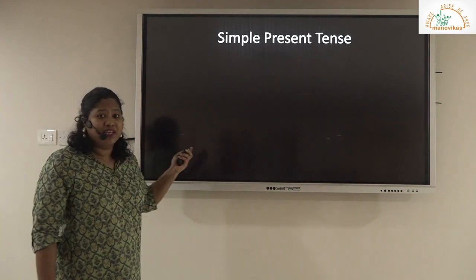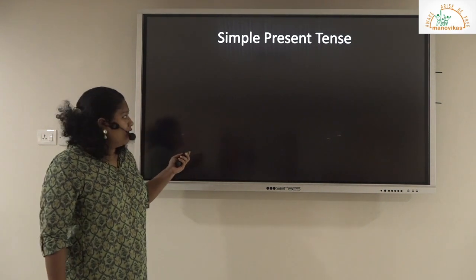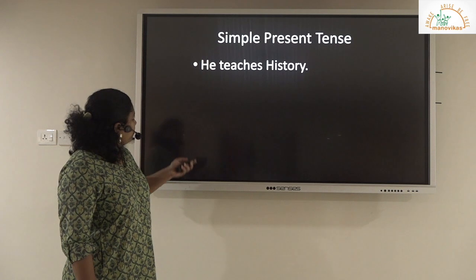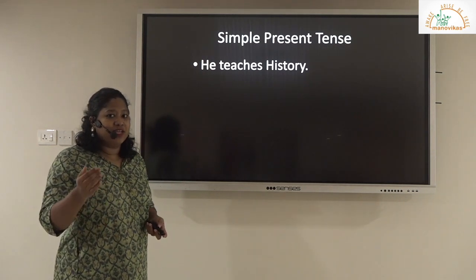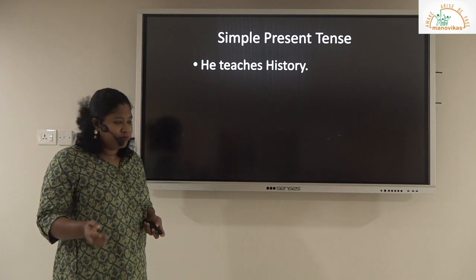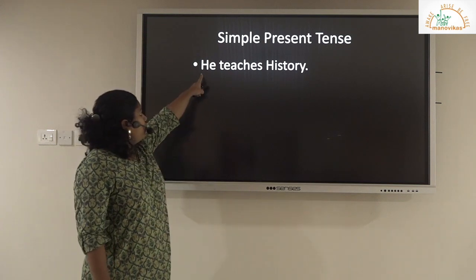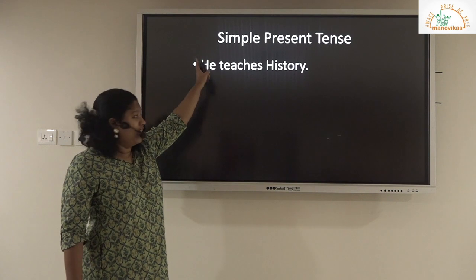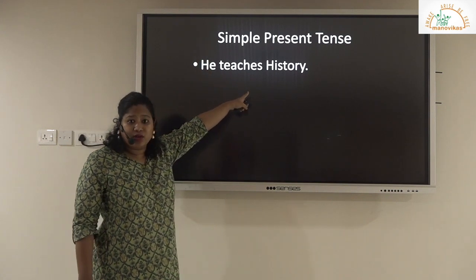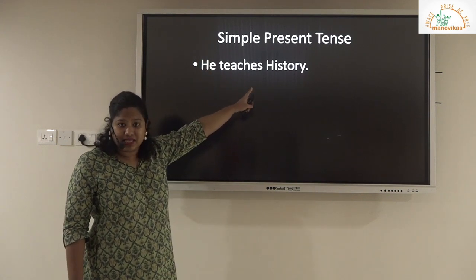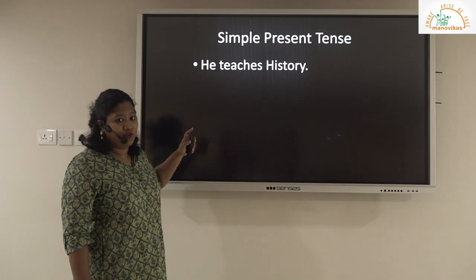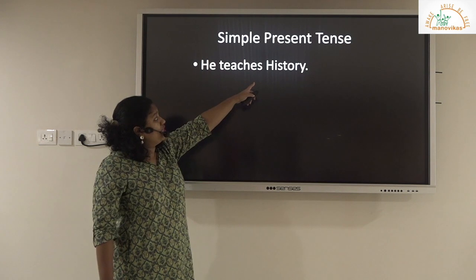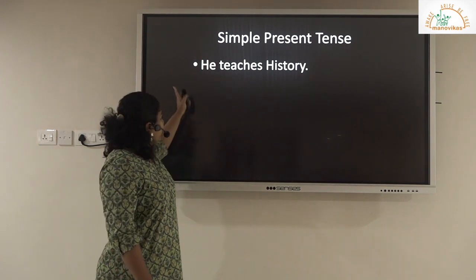So, for example, if I give you simple present tense, right, the sentence, he teaches history. Identify the subject, identify the verb. You've already done that. So, he is your subject and teaches is the verb in simple present tense. So, let's see how do we transform this. So, you know history, which is the object, will come in front.